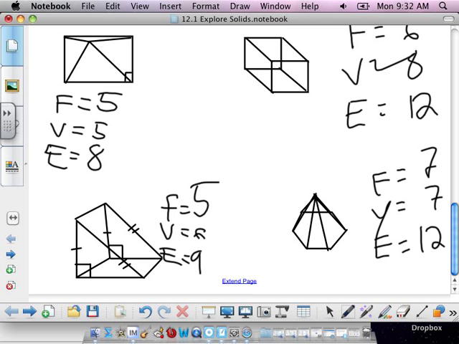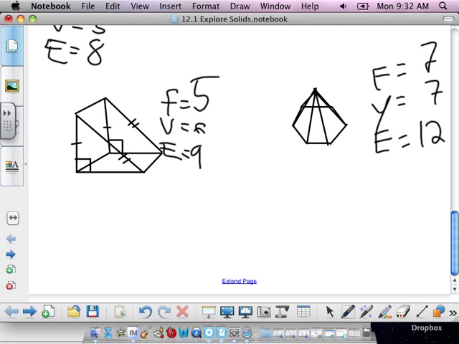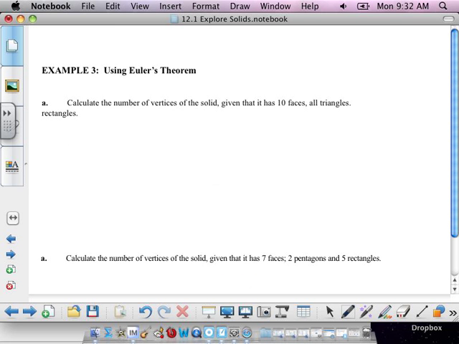Okay. All right, let's do this using Euler's theorem. For example 3, we are going to calculate the number of vertices of a solid given that it has 10 faces. So we know Euler's theorem is faces plus vertices equals edges plus 2. And we want to find the number of vertices if we've got 10 faces. So how many edges would we have?